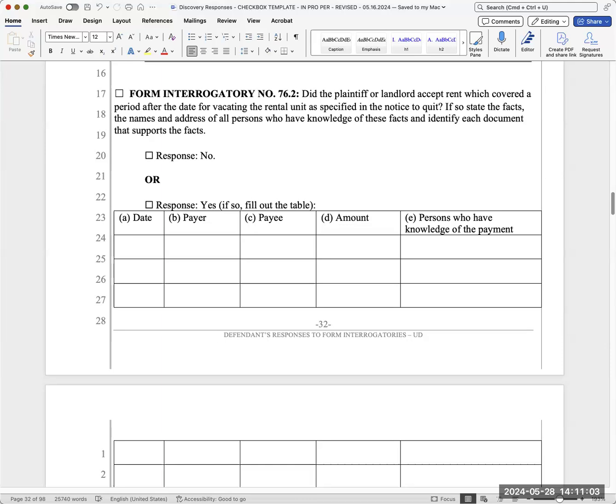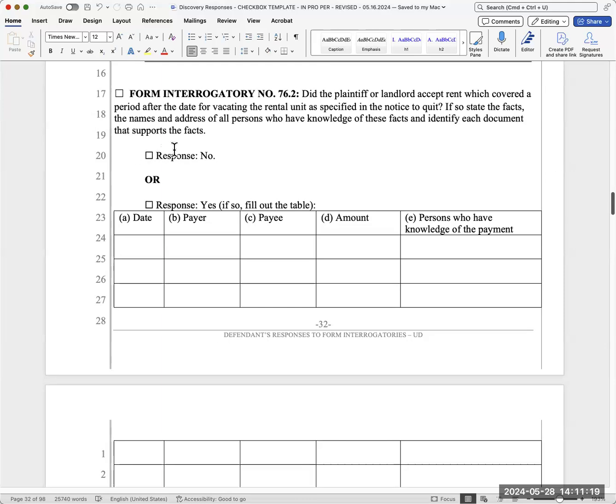And so if the landlord accepted rent payment after that period, you want to itemize it here. If they didn't, you put it here. If you in some way gave it to them and they returned it, right?